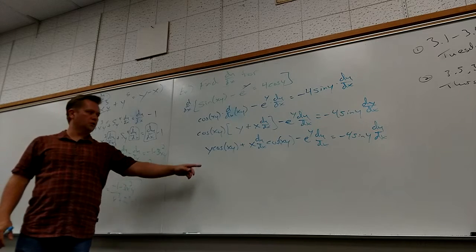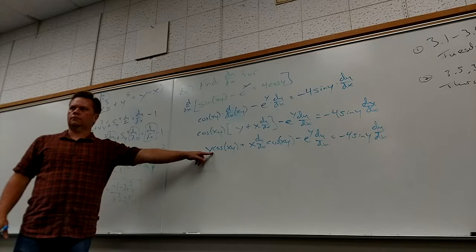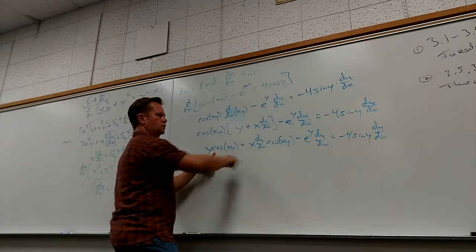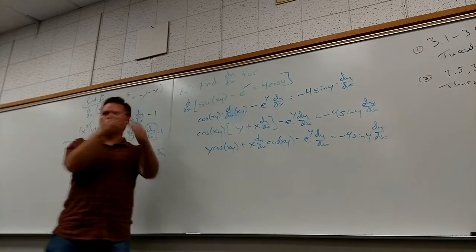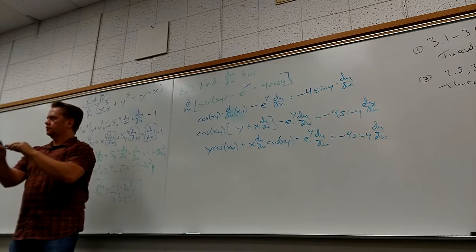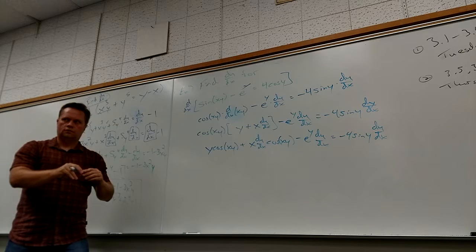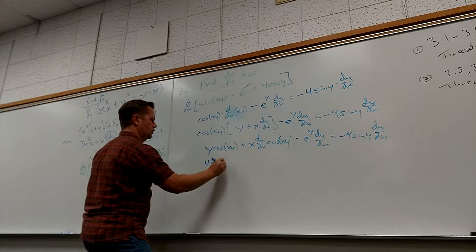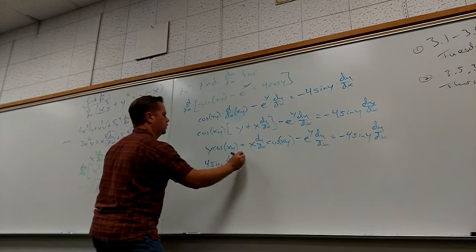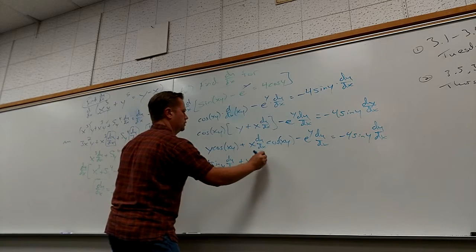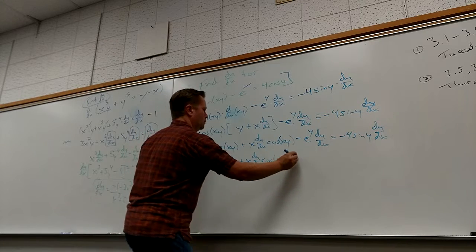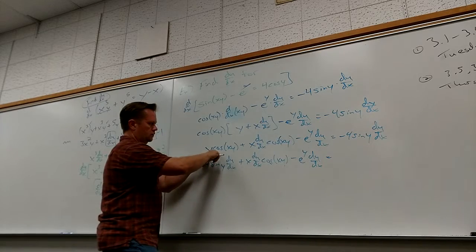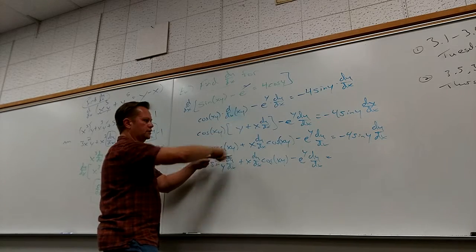Just this one. So I'm going to subtract it and move this one over so I get all my dy/dx stuff on one side. So I'm going to put 4 sine y dy/dx plus x dy/dx cosine xy minus e to the y dy/dx equals. Subtract it out of here, since it has no dy/dx.